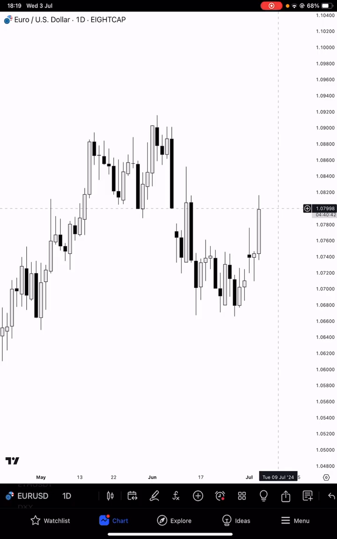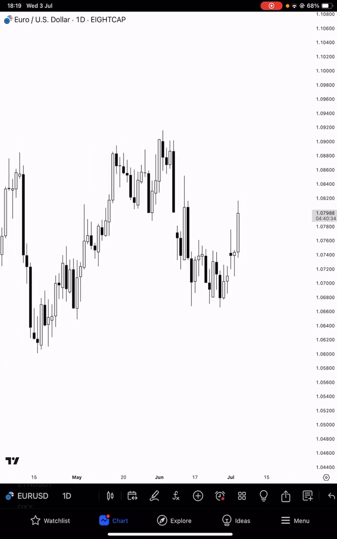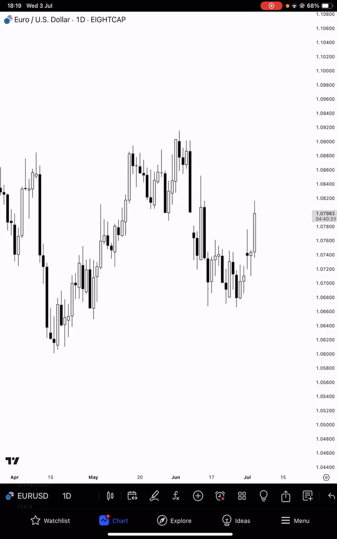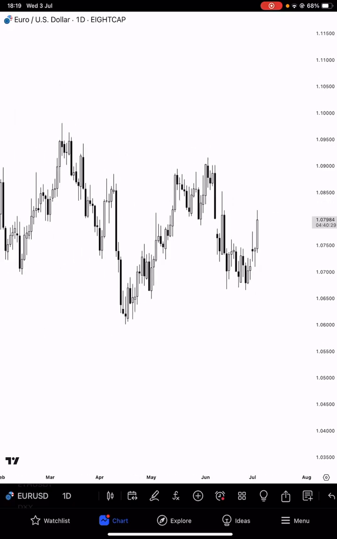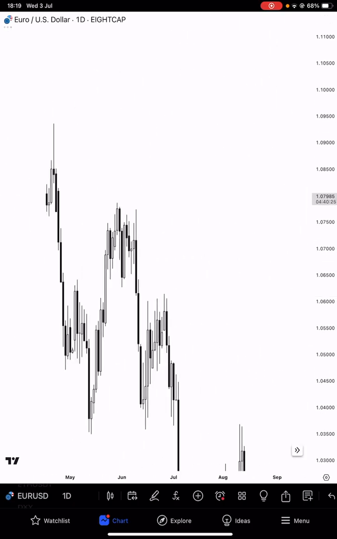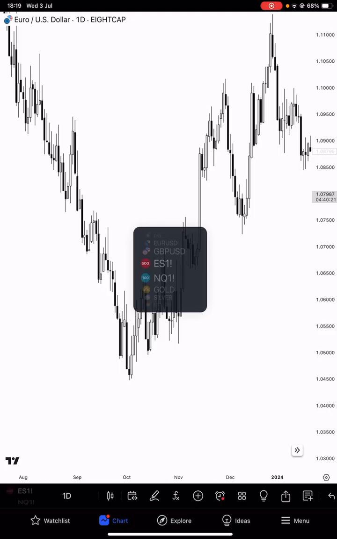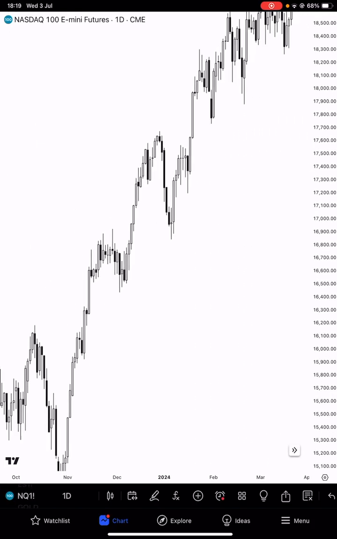And people don't understand what I'm saying, but it's so basically simple. So watch, for example, the euro. What it's doing, not now, forever. What it is doing. Watch NQ, what it is doing.